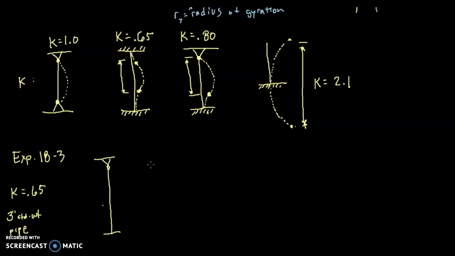So I've looked it up in Appendix B. A 3-inch diameter standard weight steel pipe has an area of 2.07 square inches. It has a moment of inertia of 2.85 inches to the fourth, and because this is a pipe, it's round, it's the same in both the x and the y directions.